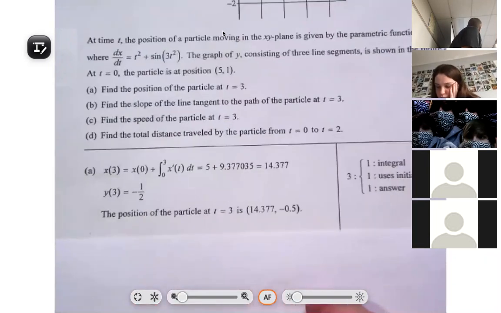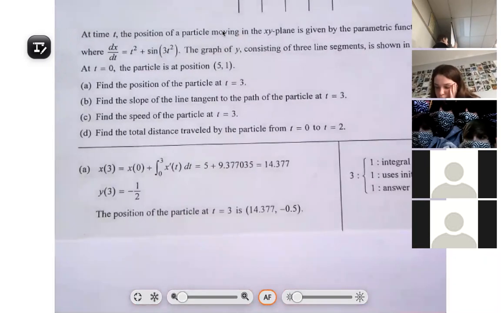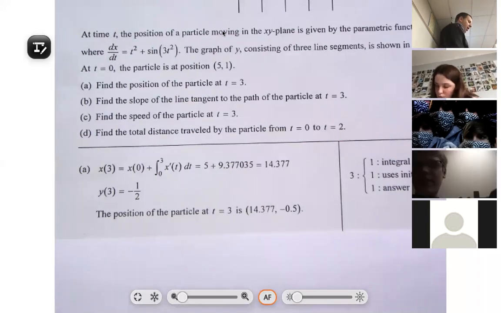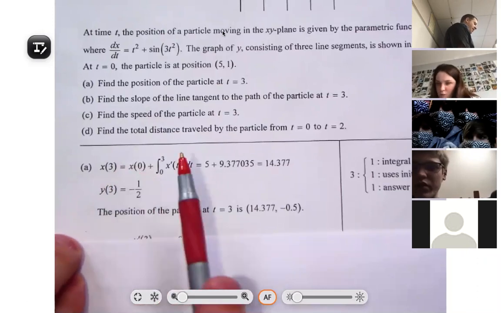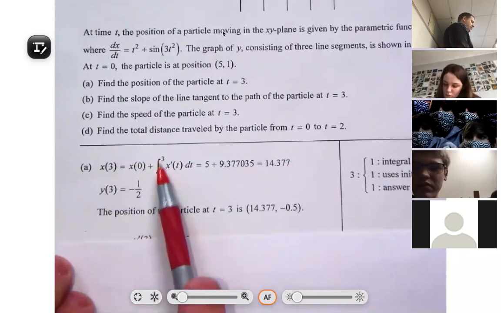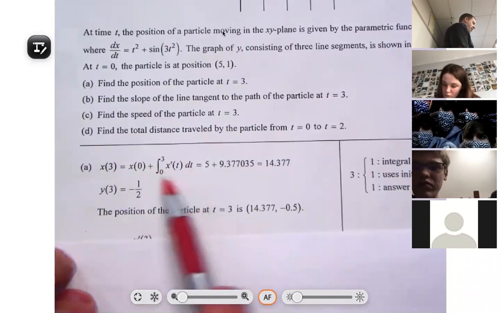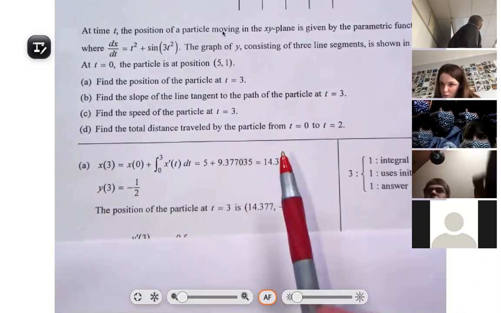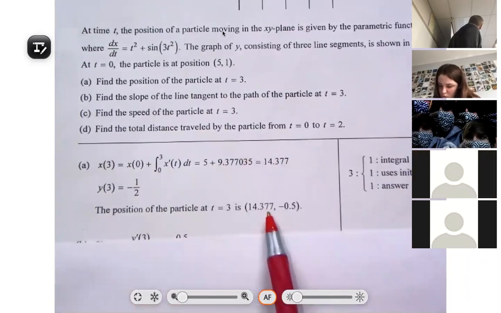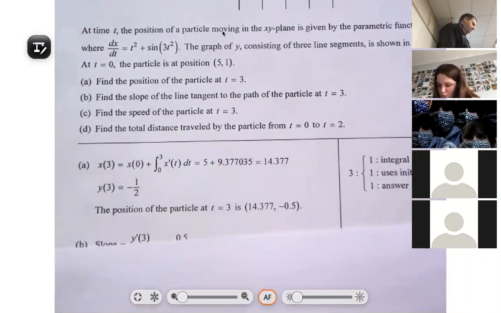You're looking for the final value, the starting value, and then you need to figure out how much it changed. So if you're looking for x of 3, x of 0, find the change in x from 0 to 3. So integrate x prime. This is where you have to use your calculator. But I can see if people forgot about the 5 right there. And so there's your position, 14.377, comma negative 0.5.